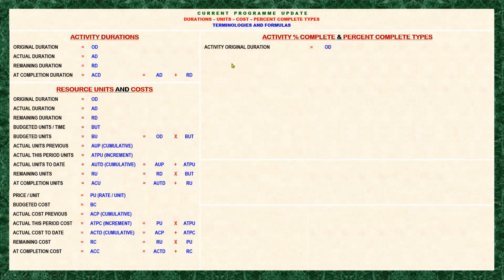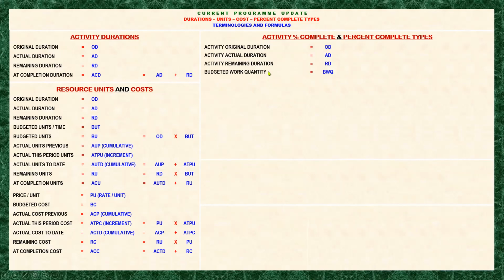So for the activity original duration, we have already stated it in the activity duration, but I just want to emphasize it to avoid looking back. So we have here the activity actual duration, AD, actual remaining duration, RD, and then we have the budgeted work quantity, which is the BWQ.